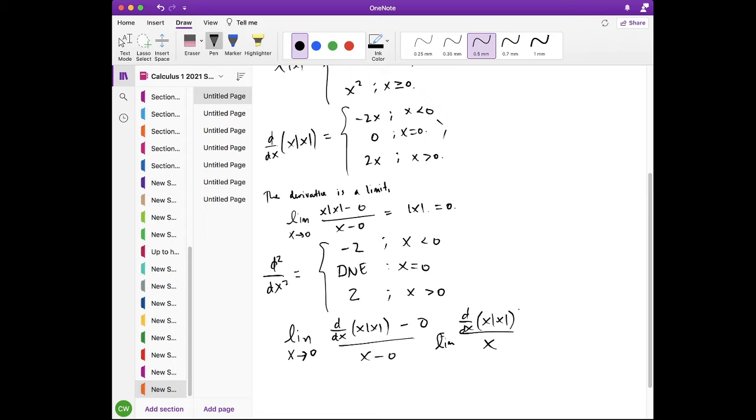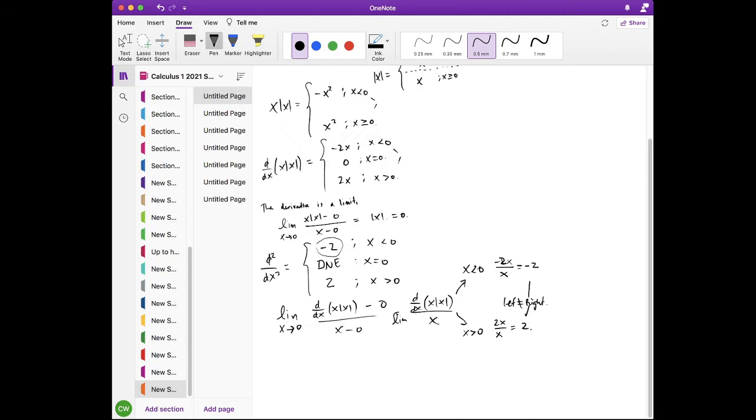Now there's two things that happen. When x is less than 0, the derivative is -2x. So divide that by x, and you get -2. When you look at x bigger than 0, you get 2x, and then divide by x, and you get 2. So the limits don't agree. Left does not equal right.